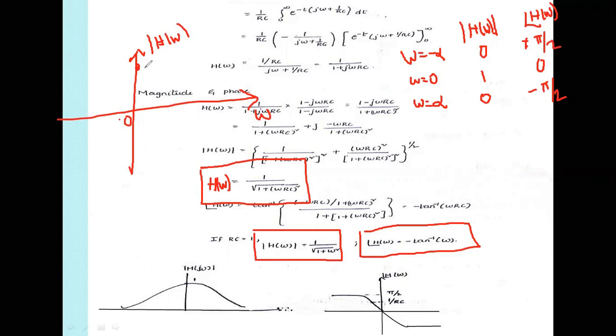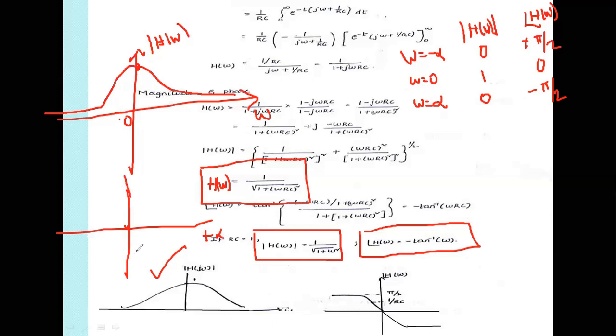And plus infinity slowly decreases and goes to 0. And symmetrically at negative values you also get 0. Okay, magnitude of H of omega. And the phase angle, when omega is equal to 0 and omega is equal to infinity. So at infinity, plus infinity, it becomes minus pi by 2.